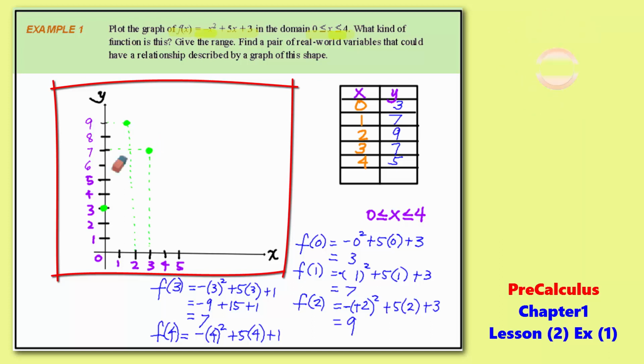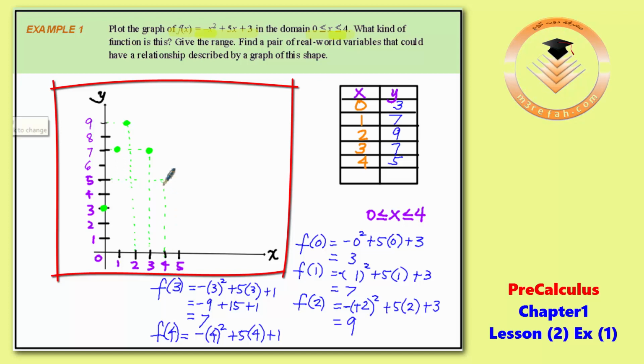Let me make this circular. Okay. And if our x is equal to 4, our y is equal to 5. So we have 4 and 5. So it would be here.